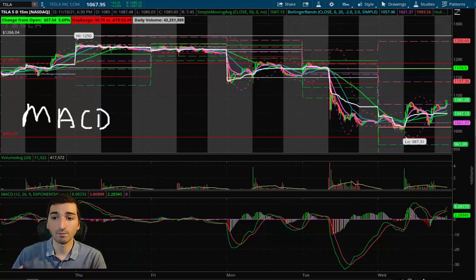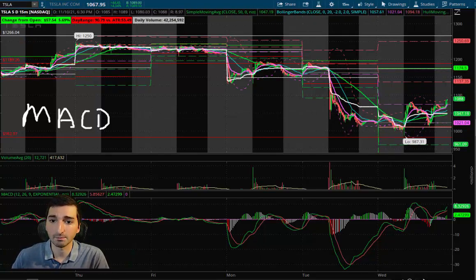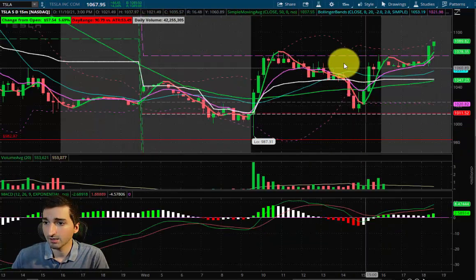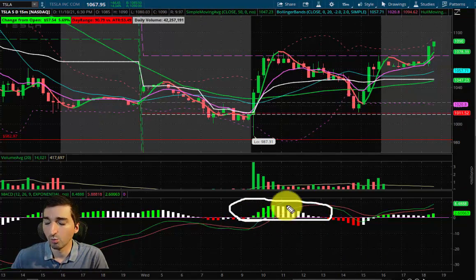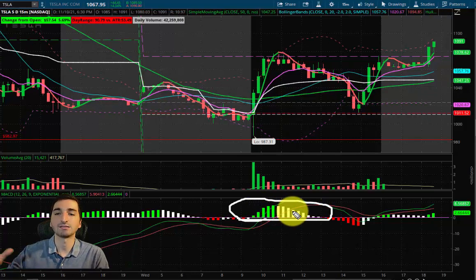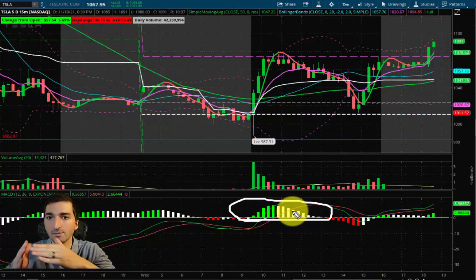So one of the big things that I do is I try to get the meat of the move when I'm trading, right? I don't really care about nailing the entire move. I just want the meat of the move so that I can walk away with a substantial profit, right? So the MACD helps me with that because basically the histogram, right, these bars in the background, whenever we see them start to increase or decrease, that signals moving averages coming together or pulling apart, right?